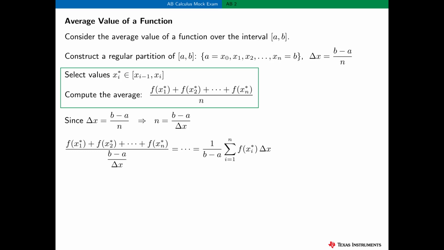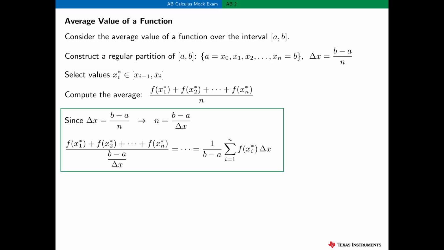In my temperature example, if n equals 24, then we would take temperature readings maybe every hour and then find the average. Seems like a reasonable approximation to the average value of the temperature function over a day. Since delta x is equal to b minus a over n, we can solve for n in this expression, which is b minus a divided by delta x.